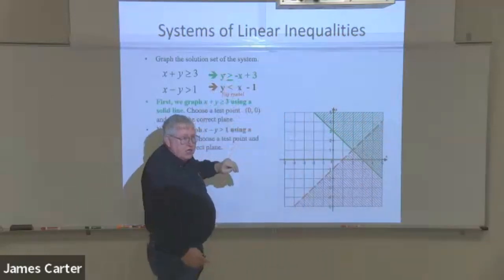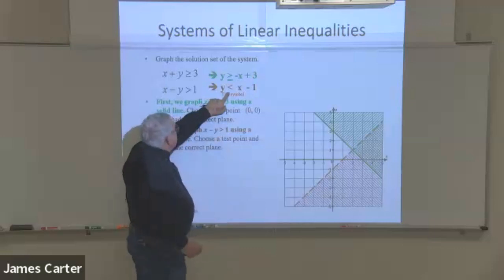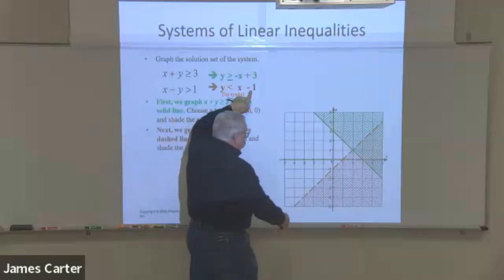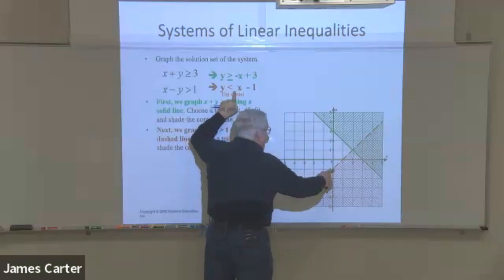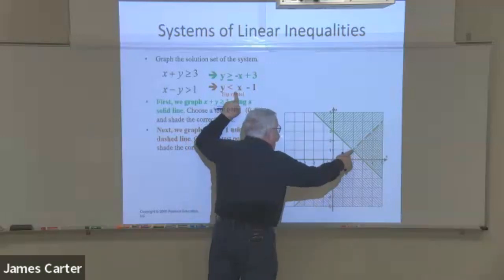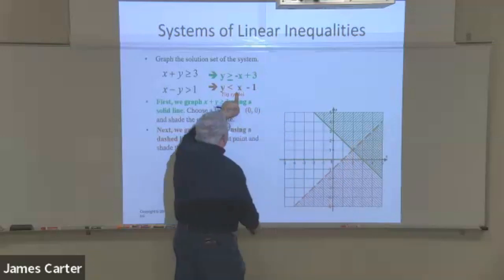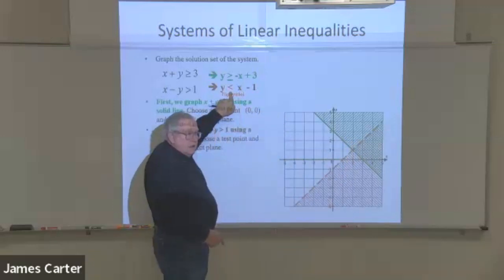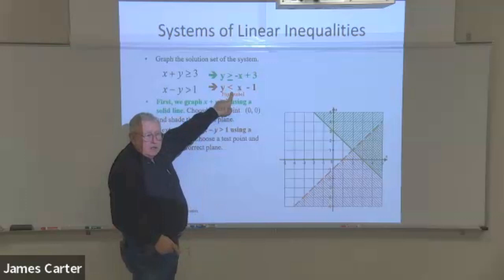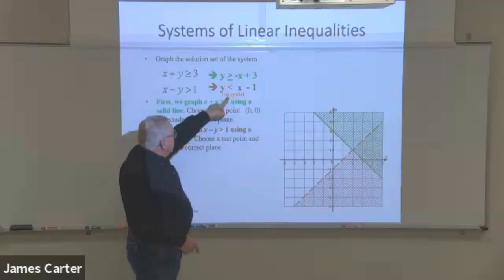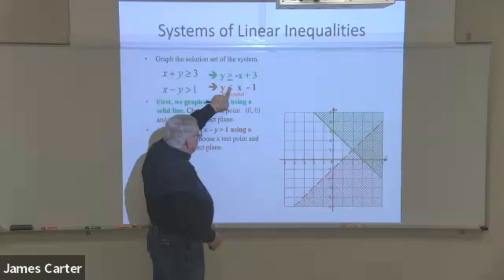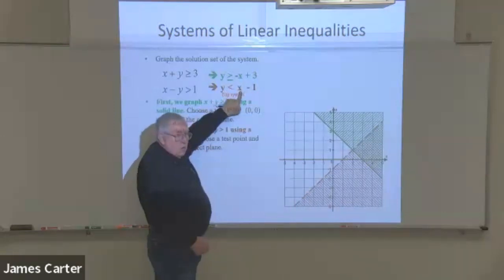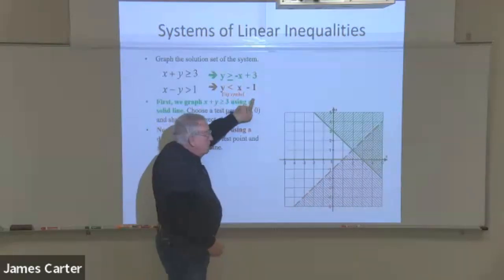So my green shading. The second equation, y-intercept is -1. The slope is +1, up 1 over 1, up 1 over 1. It is a dashed line because of the inequality. Now, the area is values below the line, y values smaller than the ones on the line.